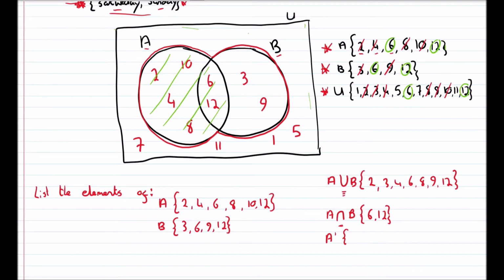So that would be 1, 3, 5, 7, 9, and 11. Okay, let's keep going. We could also be asked for A less B.